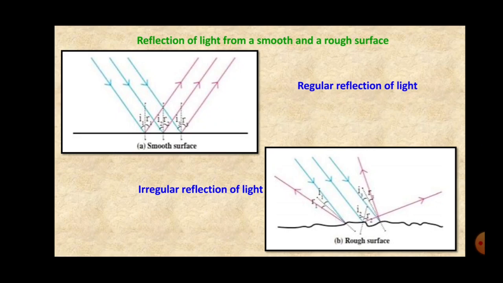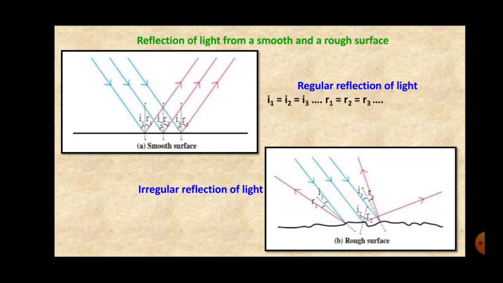Now in the smooth surface, when the rays of light fall, the reflection is regular. Now angle of incidence is always equal to angle of reflection for all the parallel rays. Now it is a smooth surface, so the rays of incidence will always be parallel, and similarly on the other side the rays of reflection are also going to be parallel to each other.